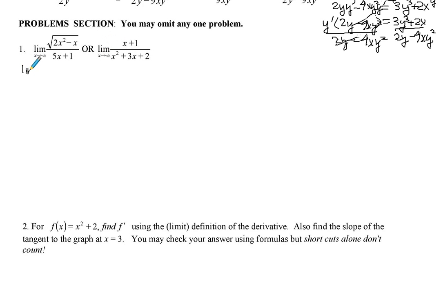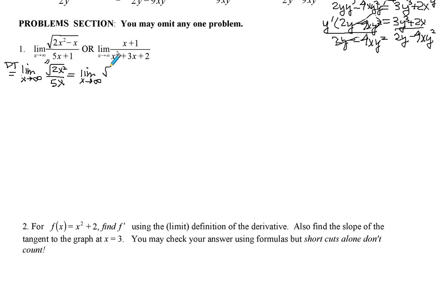So in this first one, this is going to be equal to the limit as x approaches infinity. And by dominant terms, this will be square root of 2x squared up on top, and then 5x is the dominant term on the bottom. And now x is approaching plus infinity, so we can just break this apart. Limit x approaches infinity.